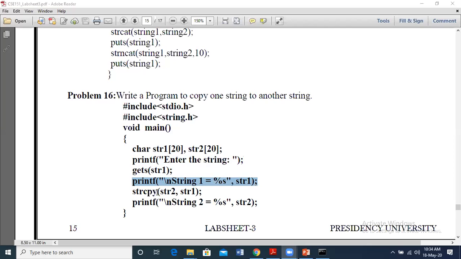In strcpy, we give the destination first and then the source. We have taken input for str1. Is that the source or destination? Source is where we are taking the input from, so str1 will be the source.